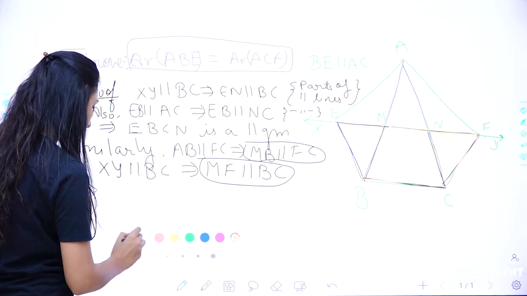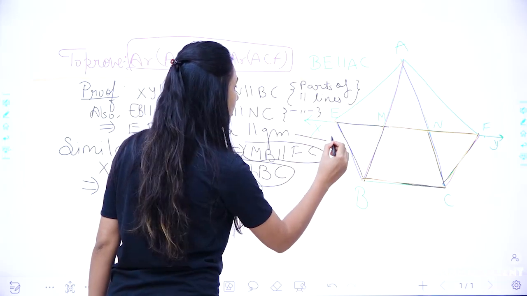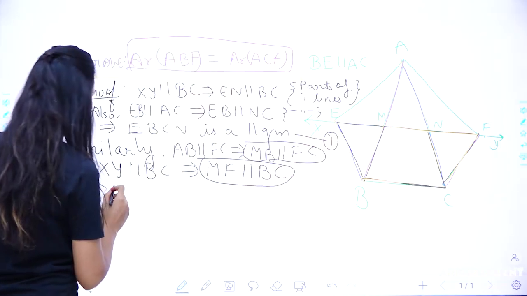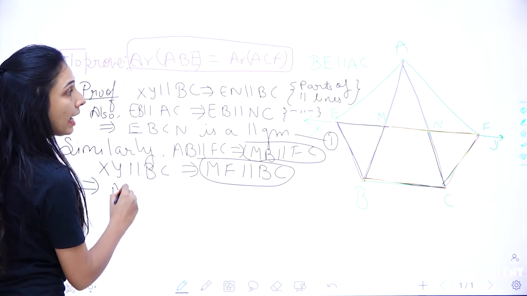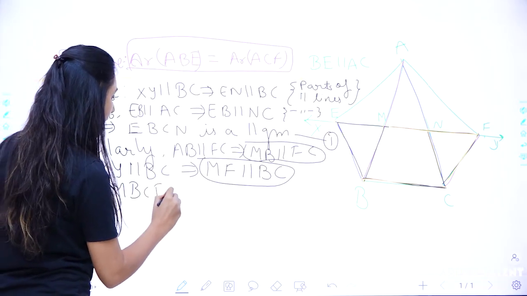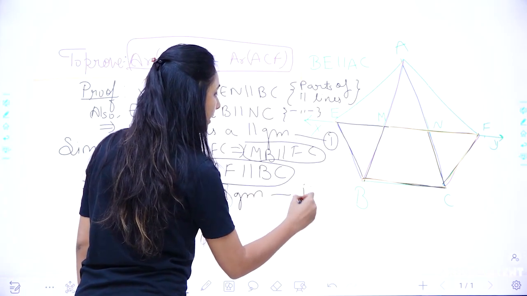This implies that this is the first thing we were having, and this is the second thing. Here we are having MBCF is a parallelogram. Second.